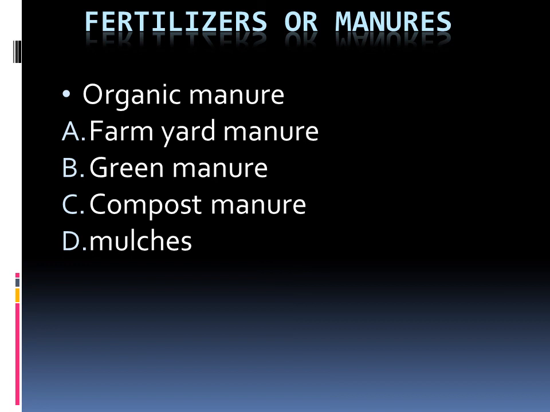Expensive to prepare. 4. It can lead to spread of weeds. 5. It takes a long time to rot and release nutrients. Then lastly, can lead to the spread of diseases.